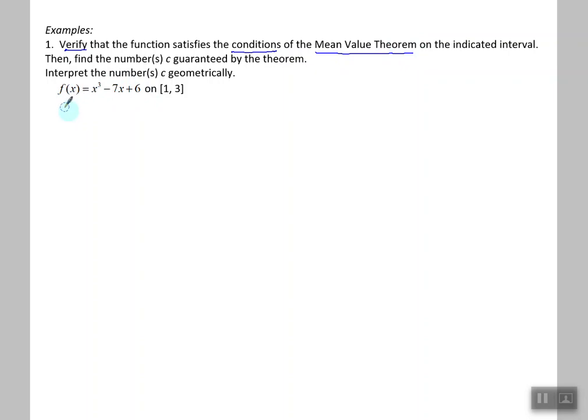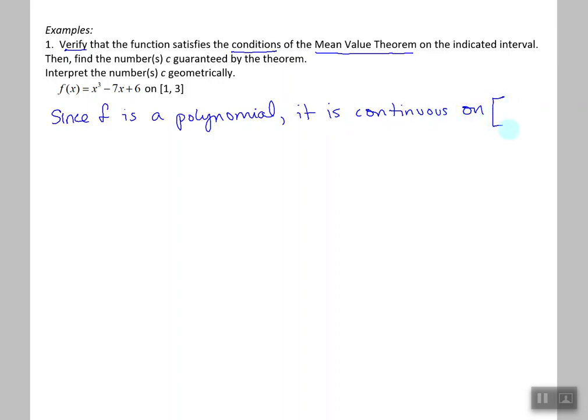So since f of x is a polynomial function, since f is a polynomial, it is continuous on the closed interval. Of course, it's continuous everywhere.